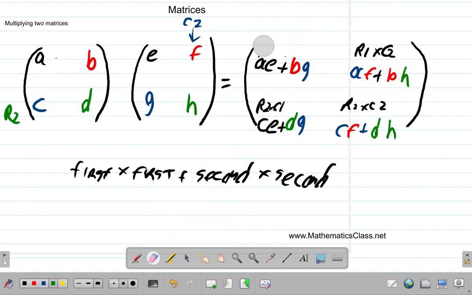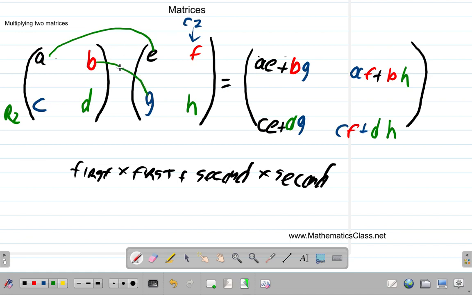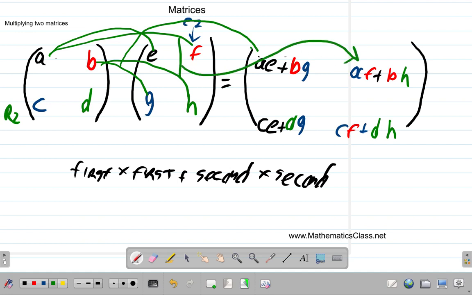That's how it goes. Row by column. First elements multiplied plus second elements multiplied. So here it's AE plus BG. That gives you this. Then here AF plus BH will give you this.